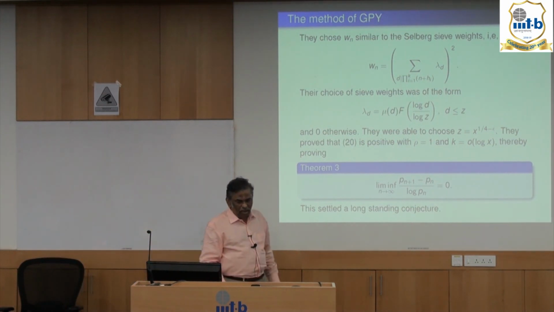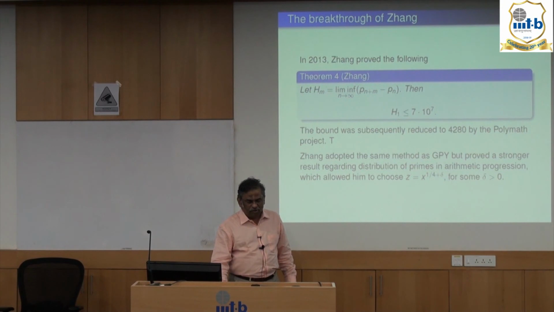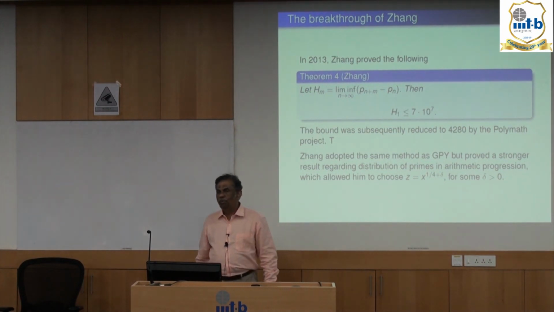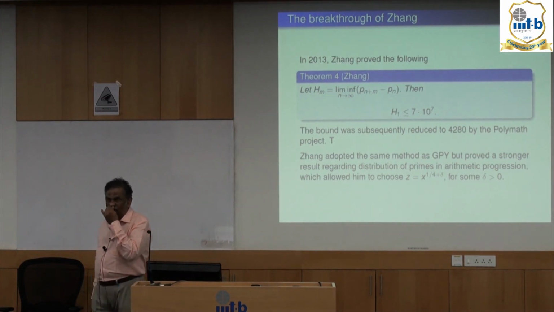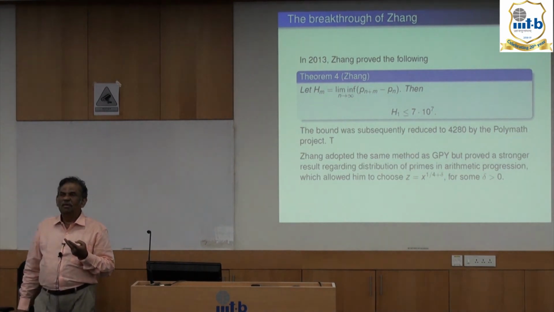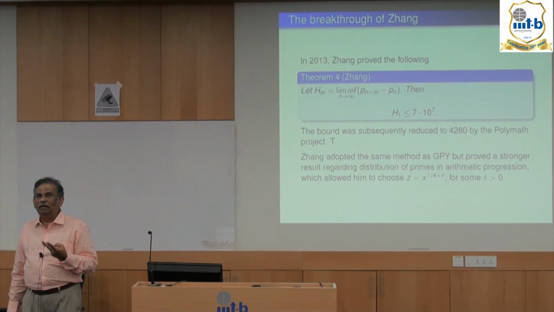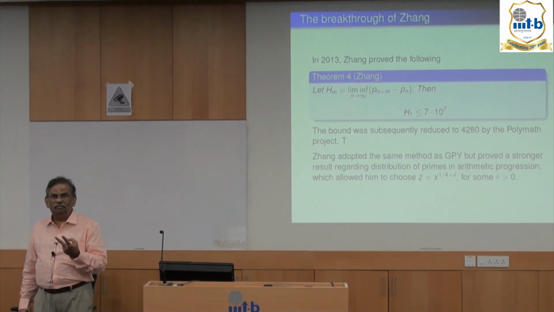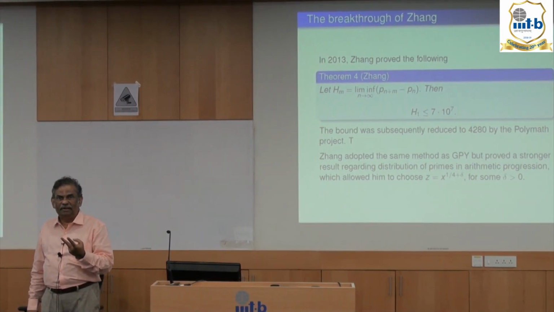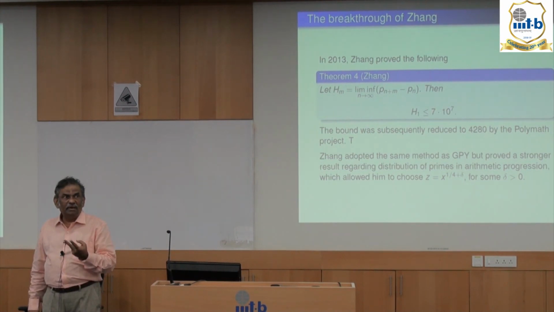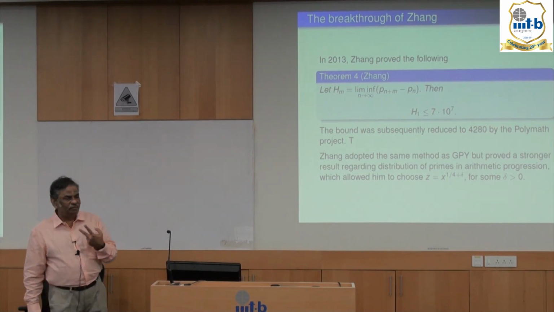That was the theorem, and afterwards it was improved much further by Zhang, who proved that infinitely often the difference of two consecutive primes is at most 10 to the power 70, which is rather surprising, because your average difference, which is log n, goes to infinity, and therefore a bounded difference infinitely often is surprising.